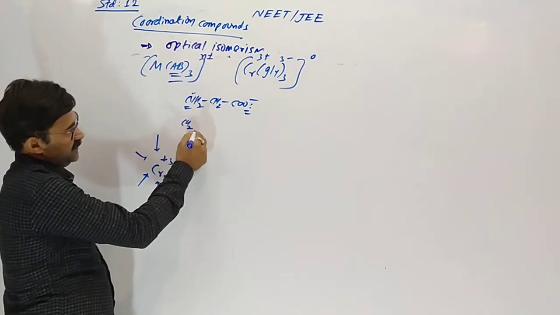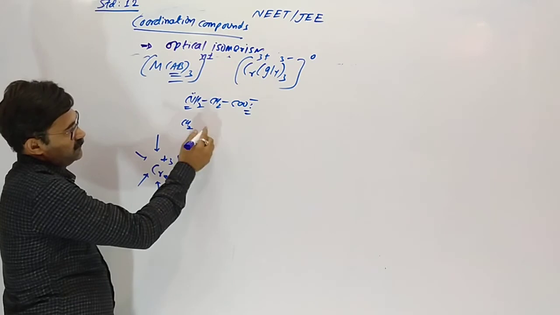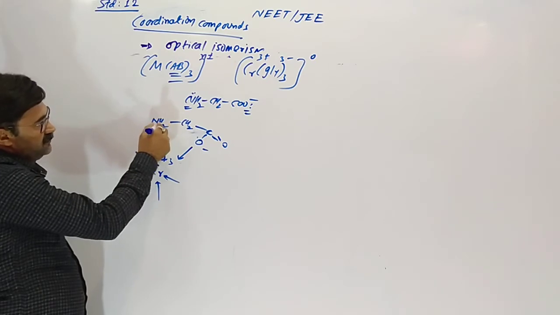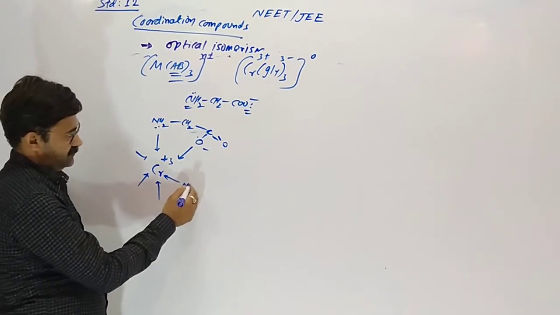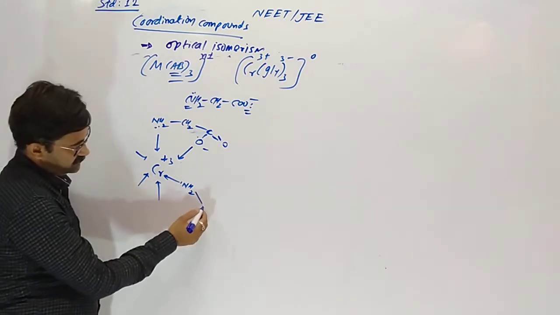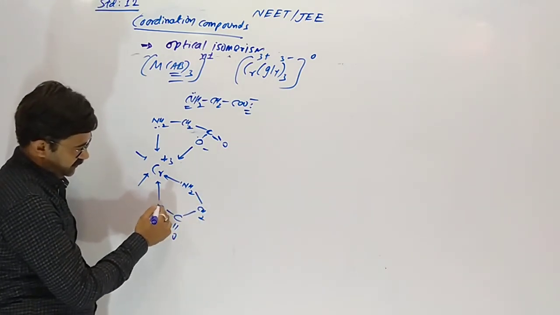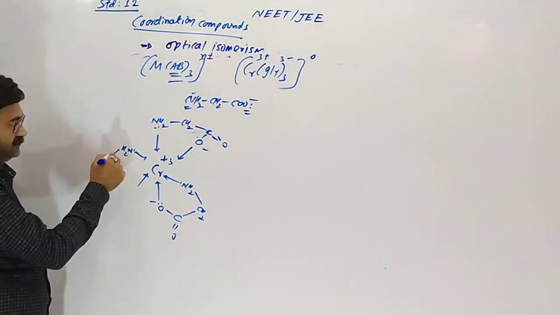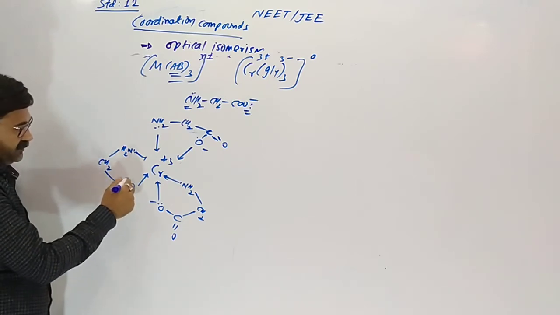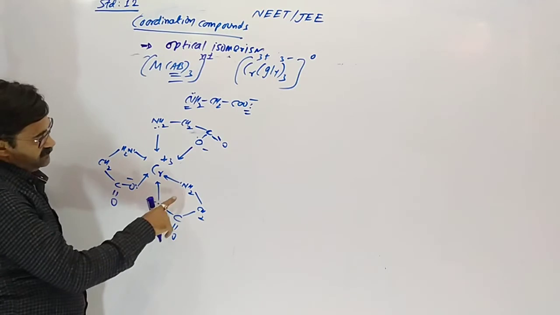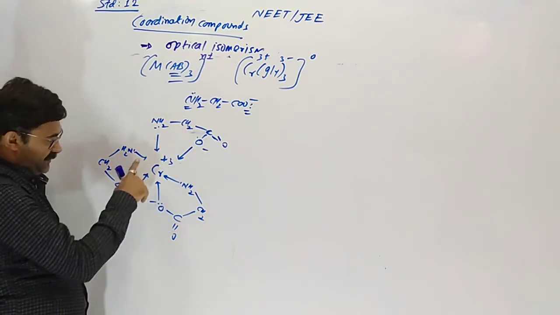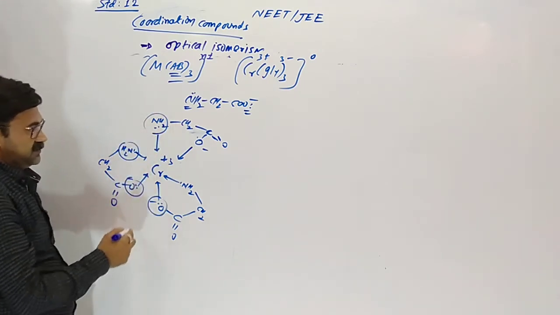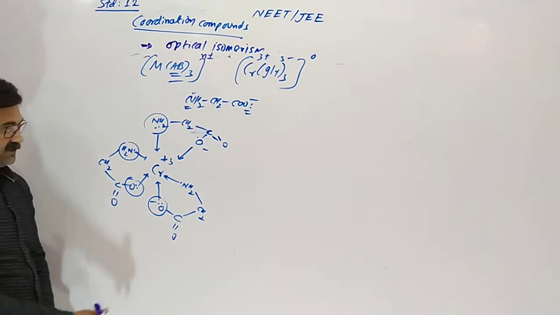You can see here is NH2, then NH2, CH2 COO minus, here is NH2, CH2 COO minus, N, N, O, O. 2 nitrogen are close, 2 oxygen are close, so this one is the cis.